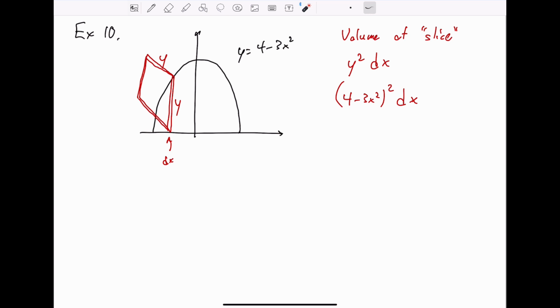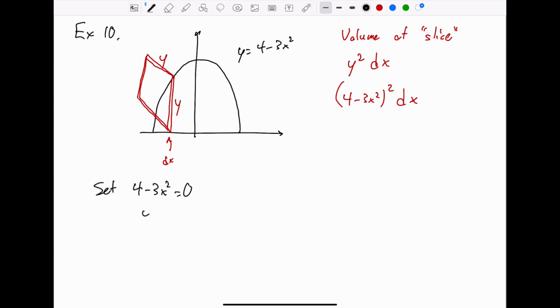So now that we know what this solid looks like, let's solve the problem the rest of the way. There's only one more piece of information that we need. We need to know what are the x values of these limits of integration. And in order to find these, we want to know when y equals 0. So we will set the y function equal to 0 and solve for x. 4 minus 3x squared equals 0.